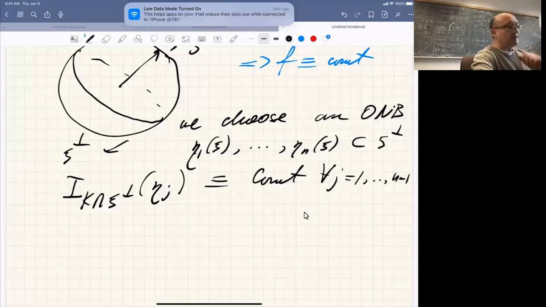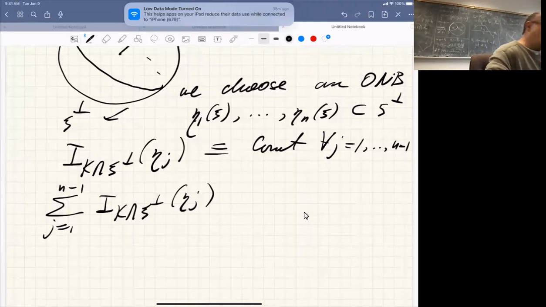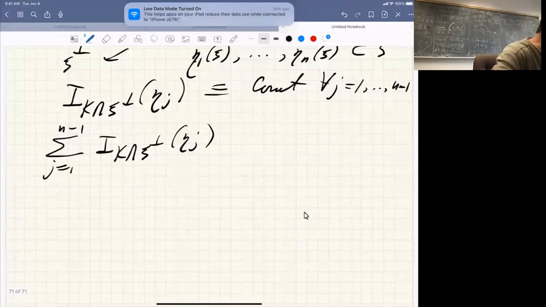Our moments don't care about the direction with respect to which we rotate our section. So let's sum them up: j from 1 to n minus 1, of the moment of inertia of K intersection psi perp at eta j. Let's recall the Pythagorean theorem.